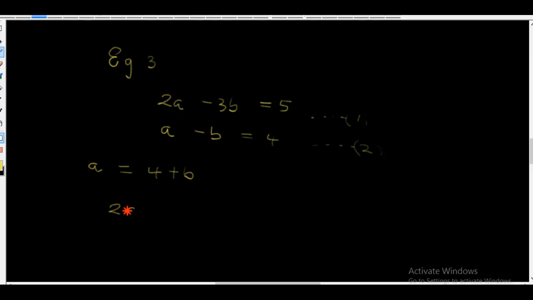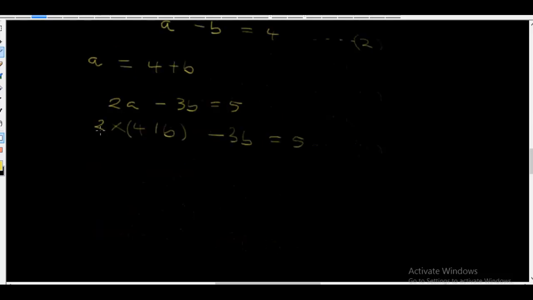So you have 2a minus 3b is equal to 5. So you now have 2 times 4 plus b, in brackets, minus 3b is equal to 5.